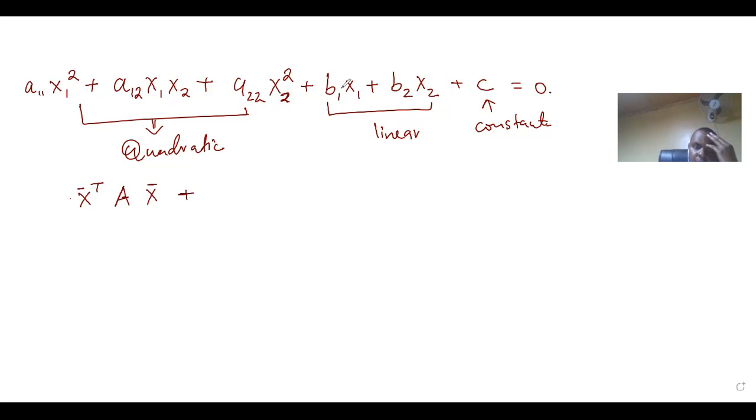Yes, B vector transpose times just x plus C equals 0. So in this case, we could say x1, x2.